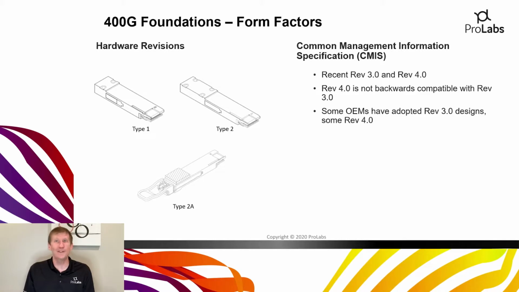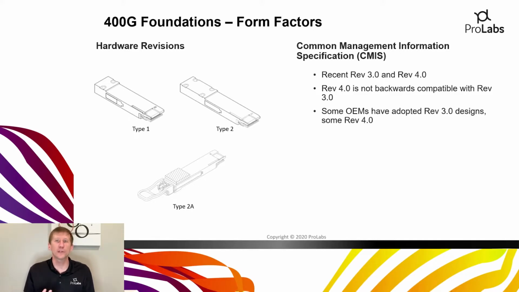On top of that, there is a common management information system used with these transceivers, and believe it or not, there are two revisions of this out there in the market today. And quite frankly, if you're a consumer of 400 gig transceivers deploying your switches and routers and other network elements, you don't really need to worry about this a whole lot.